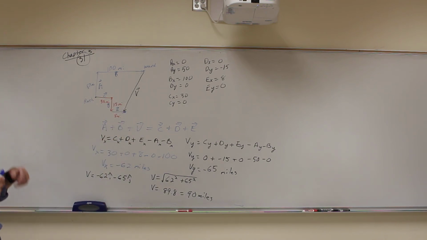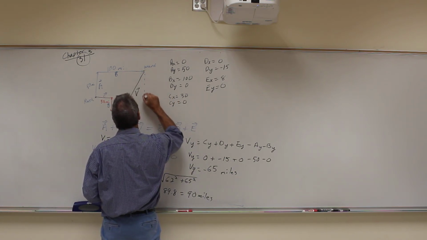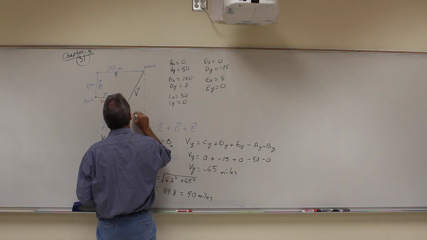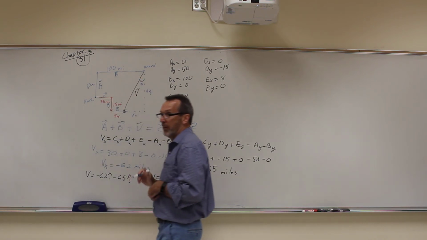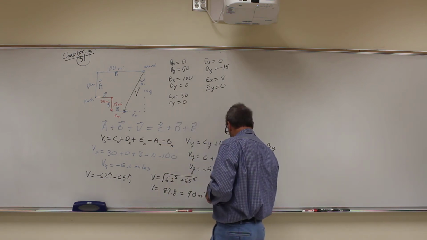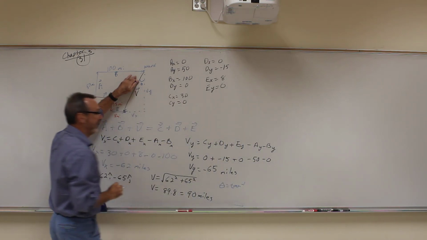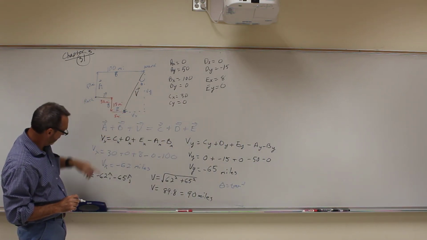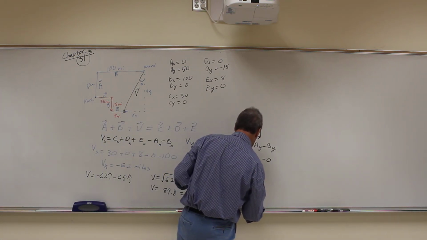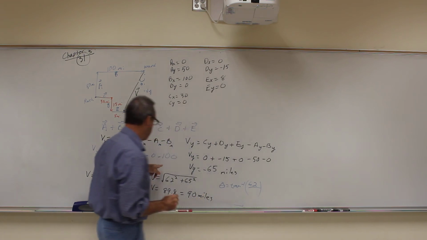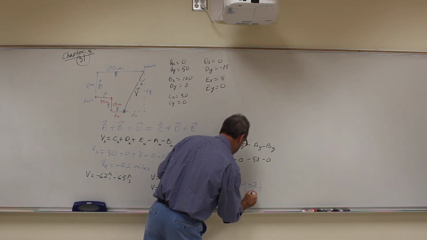And we need a direction. So if I extend this, this is Vx, this is Vy. I want this angle right here, so I'm going to use the inverse tangent. But remember, tangent is opposite over adjacent, and the opposite on this one is Vx. So Vx is equal to negative 62, so I'm going to do the inverse tangent of 62 over 65. Remember, I always ignore the signs and take the absolute value.